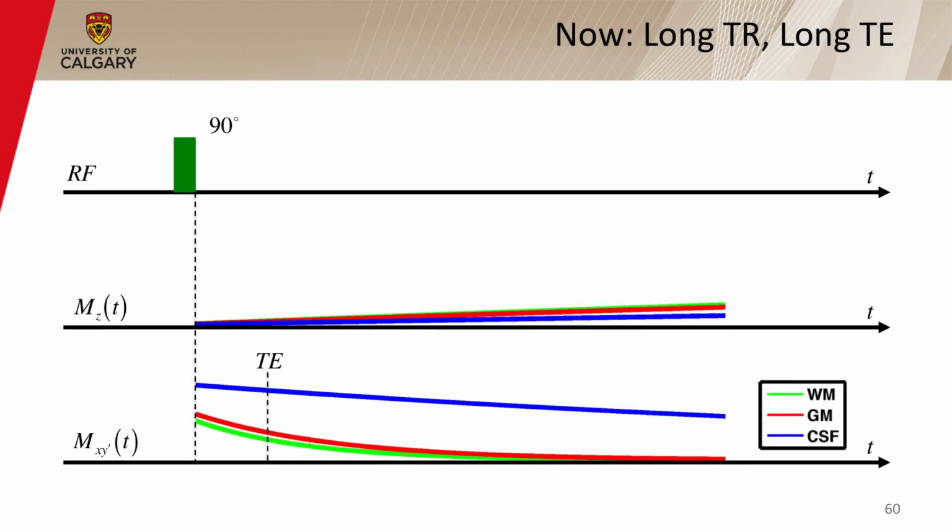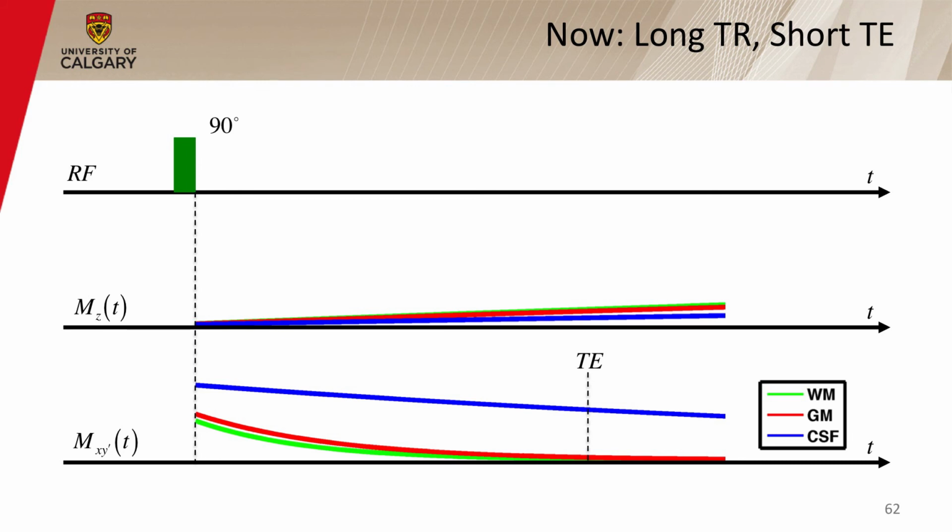Okay, so we talked about what happens when we have a short TR and a short TE. What happens if we have a long TR and a long TE? Well, if we have a long TR, we know we're going to get full recovery of all of our species, including CSF. And if we have a long TE, the only signals that are going to be available to us are CSF, because the transverse magnetization of gray matter and white matter will have decayed away, and all that's left in the transverse plane is this CSF signal.